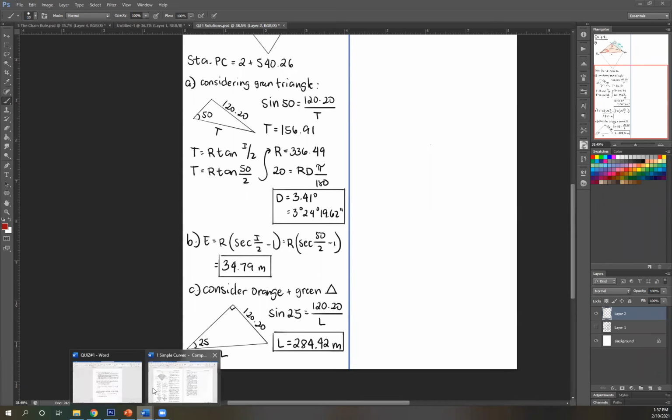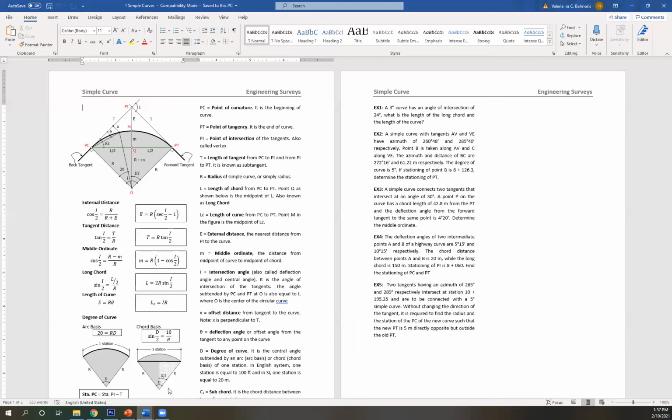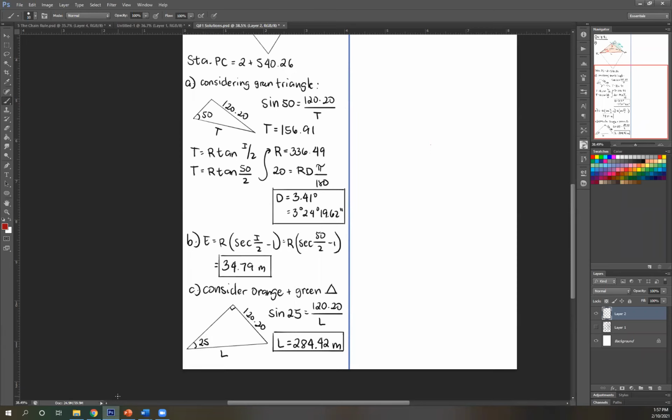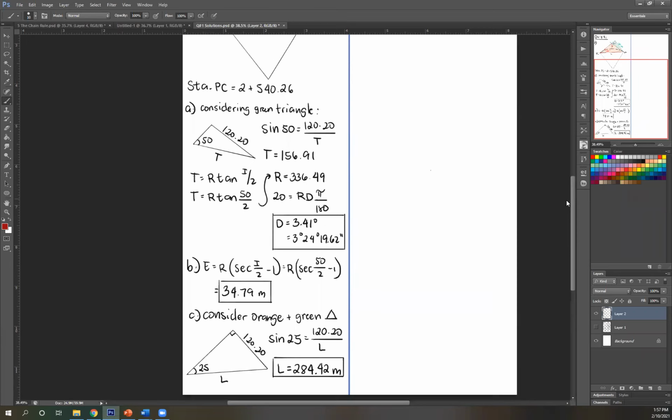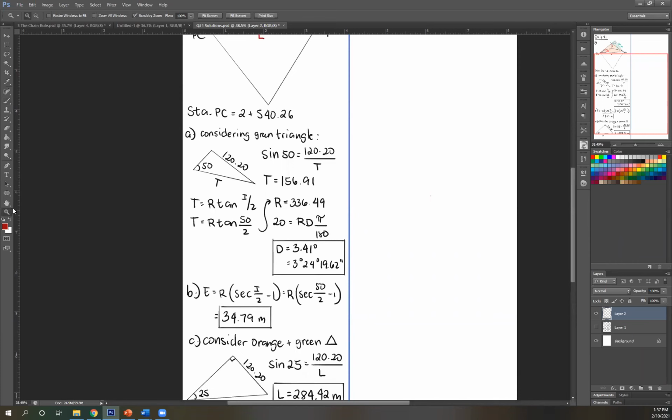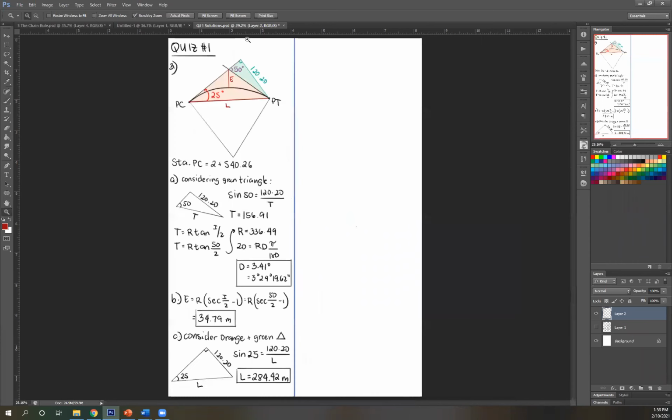Or again, you can just use this equation, L equals 2r sine I over 2. You're gonna get the same thing, since they're looking for the same thing. All right, so that's your quiz number 1. Any questions? None? Okay, so do you understand the solution to quiz number 1?